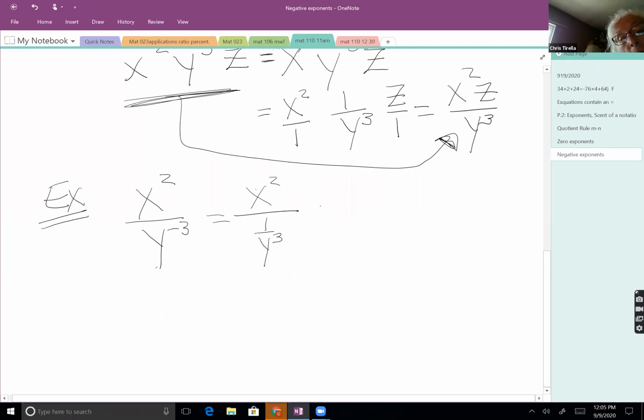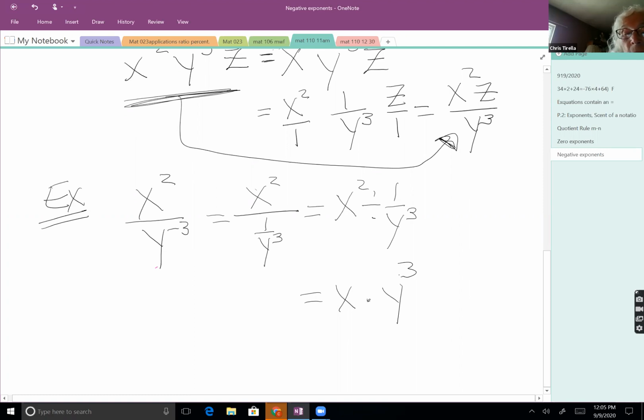And that would mean x squared divided by 1 over y to the third. And can anybody remember how you divide fractions? Do the words keep, change, flip, multiply by the reciprocal sound at all familiar?